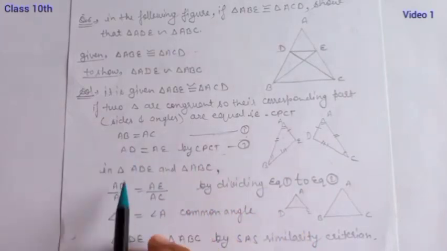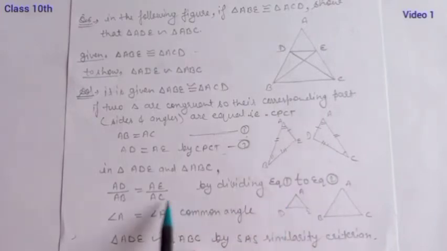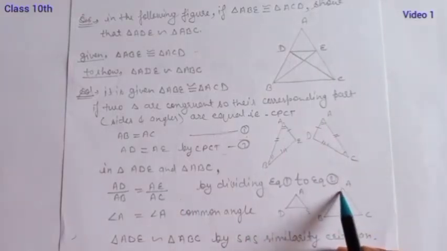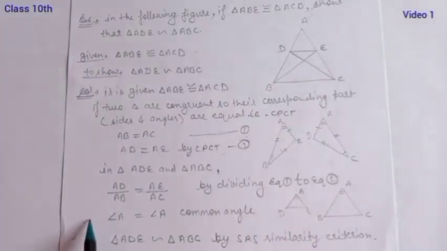Now we obtain AD upon AB and AE upon AC, and as you know, the ratio is equal. Second thing, you can see here angle A is equal to angle A in both triangles. So it is S, A, S. By SAS, both triangles are similar here.